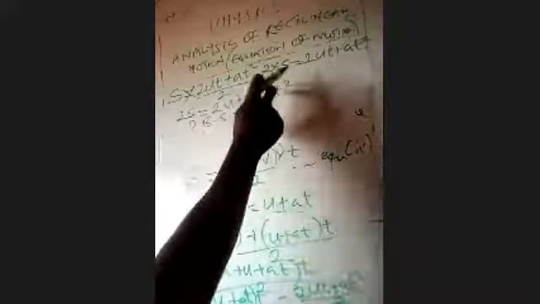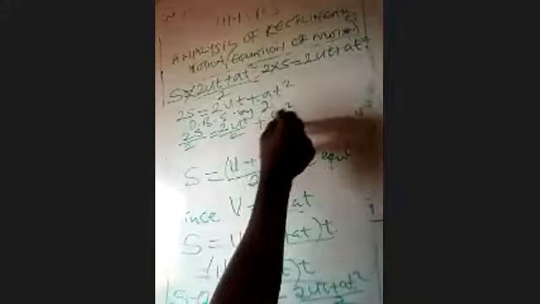Now, we can divide both sides by 2. So 2S all over 2 is equal to 2UT all over 2, plus a t squared all over 2.